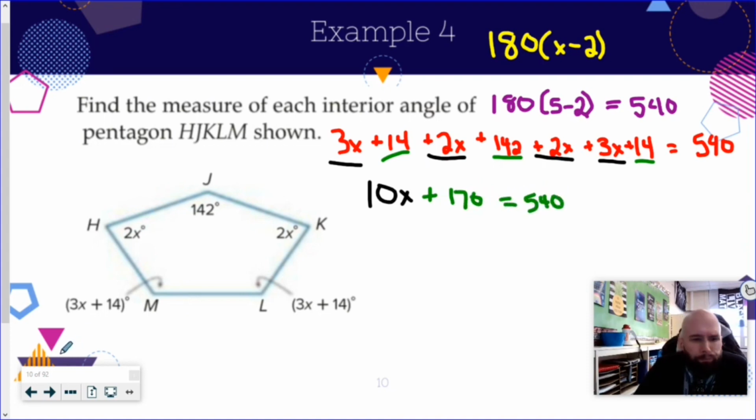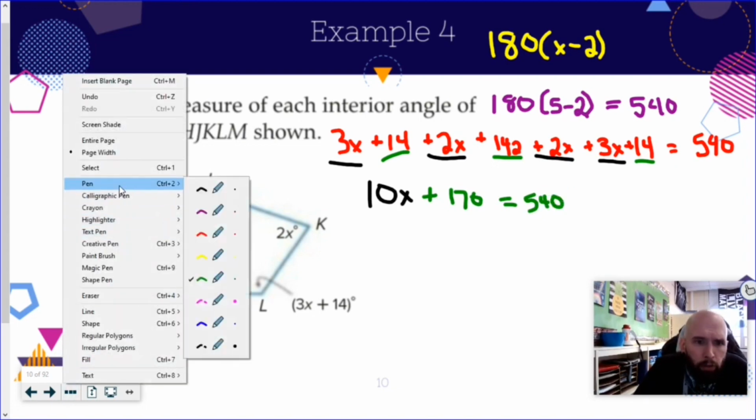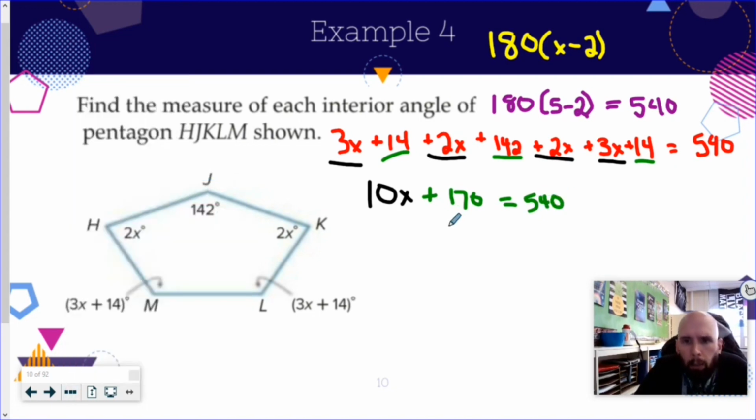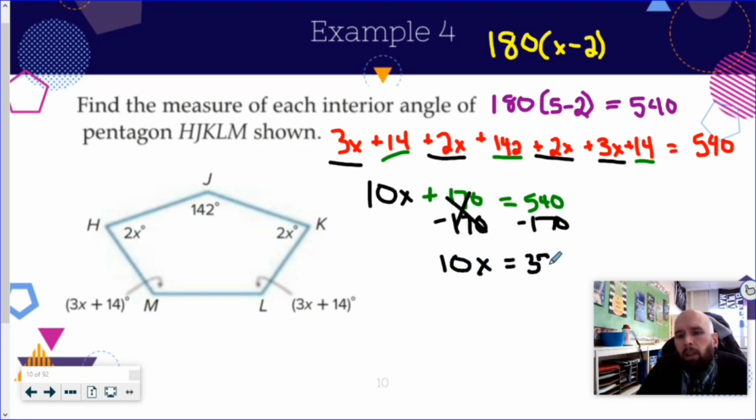What do I have here? I just have a good old-fashioned two-stepper. So I'm going to subtract 170 from both sides because that's the number that's floating around. When I do that, I get 10x is equal to 370.